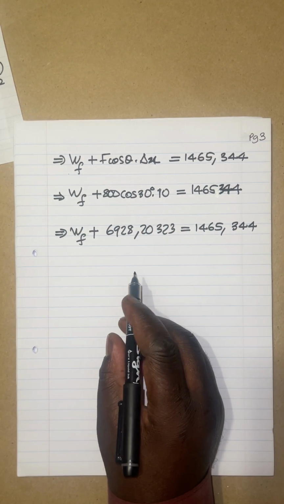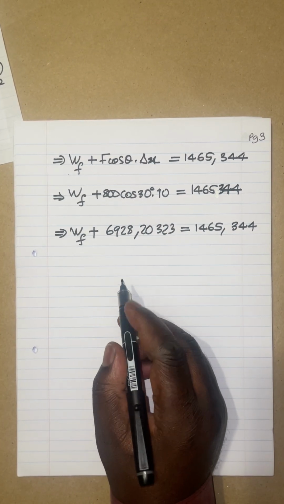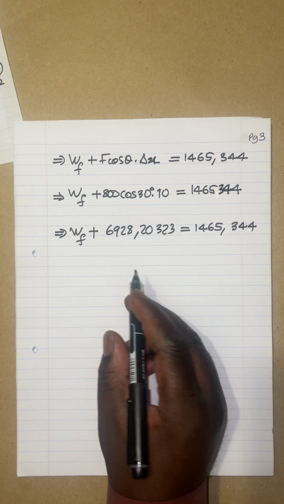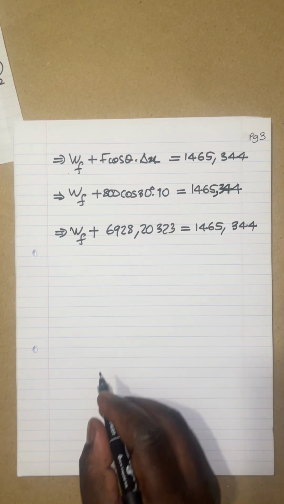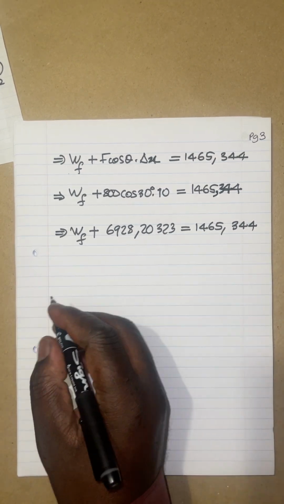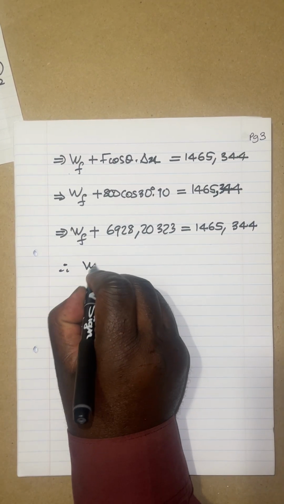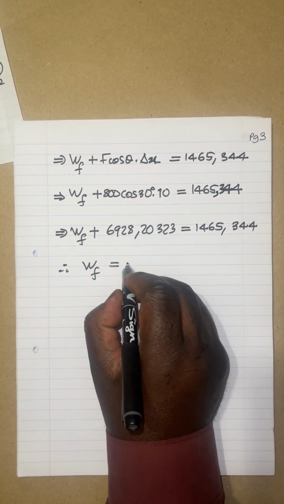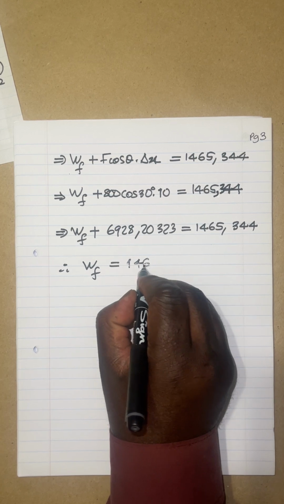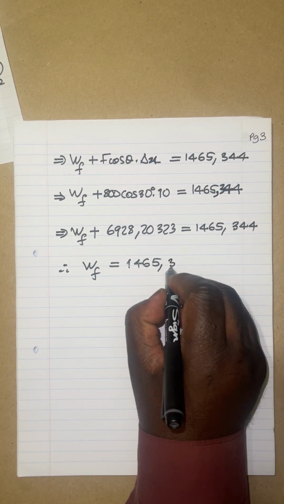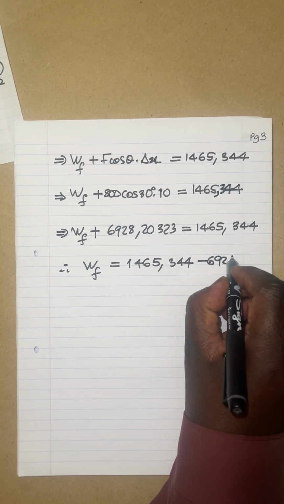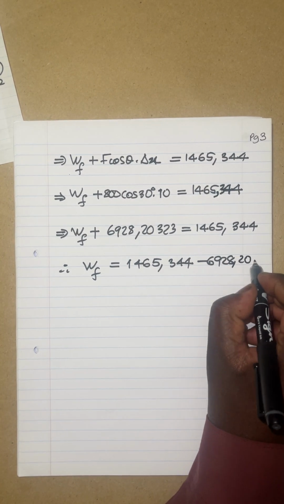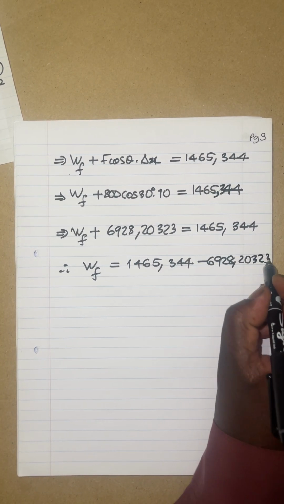Now, therefore, work done by frictional force. Let me put this comma here so that I don't forget. Right. So work done by frictional force, this has to subtract from that. Therefore, WF is going to be equal to 1465,344. We're going to say minus 6928,20323.